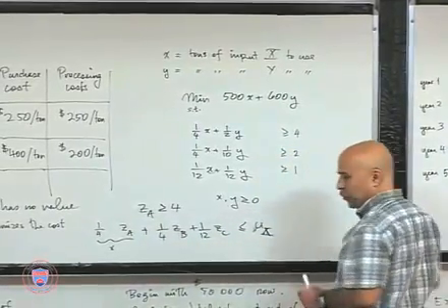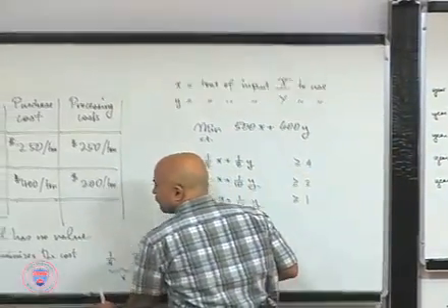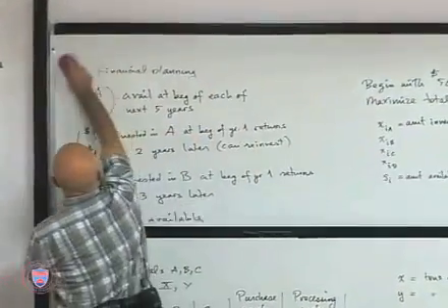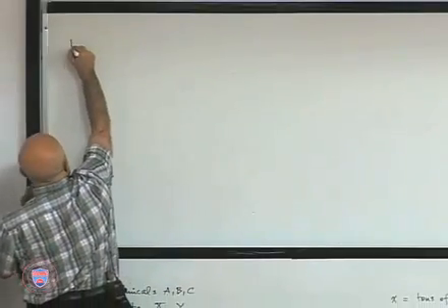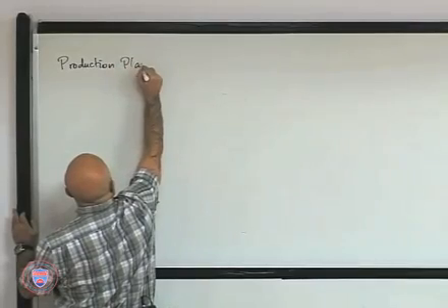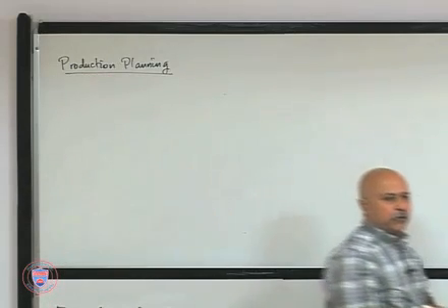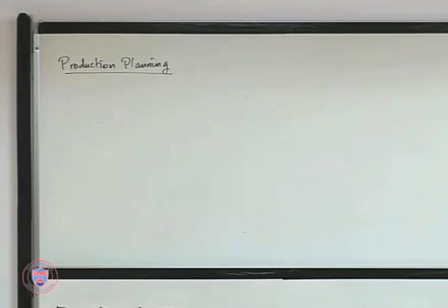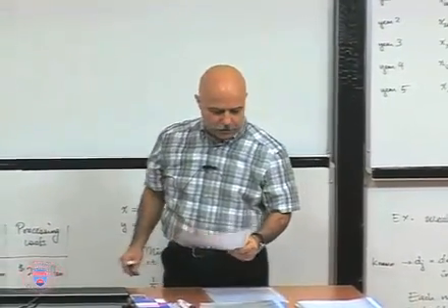Okay, so let's go with more general formulations now. Typical application of linear programming problems arise in production planning when you've got limited resources and you want to produce different products while not exceeding the availability of those resources.